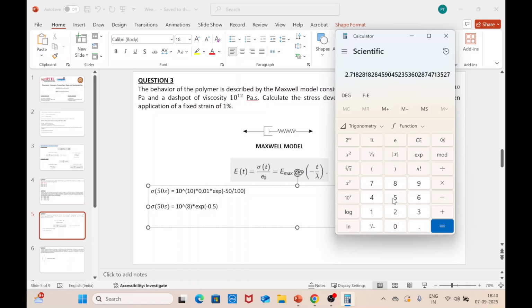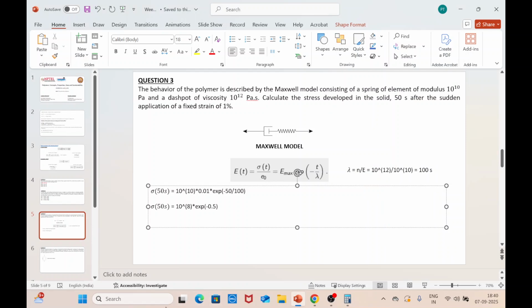Just a second. 0.606. So that is going to be nothing but 6.06 times 10 to the power 7 Pascal.